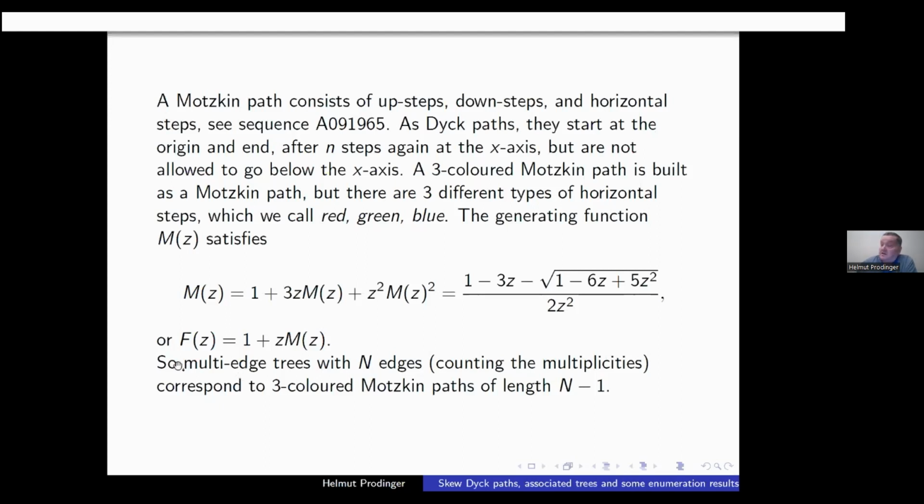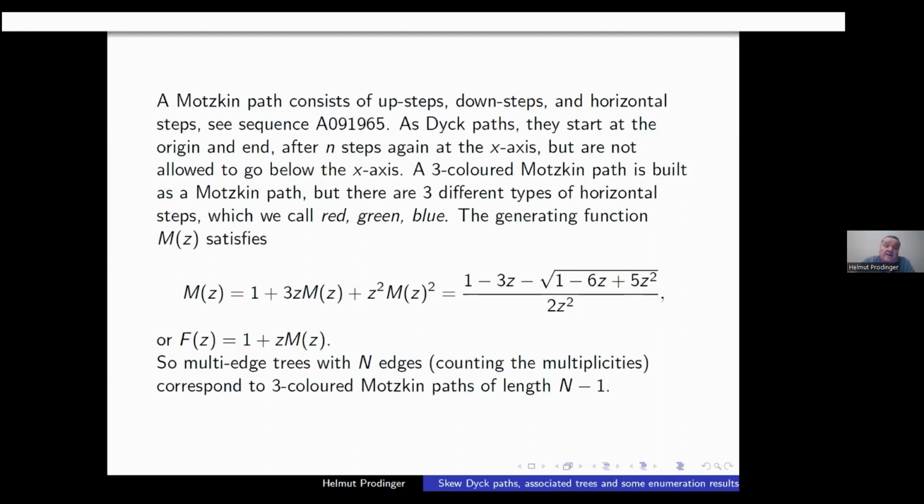And then another sequence that we might like is, well, you remember Motzkin paths. They have up steps, down steps, and horizontal steps. But there are also 3-colored Motzkin paths. So what does that mean? We have the horizontal steps, but we have 3 different types of horizontal steps.